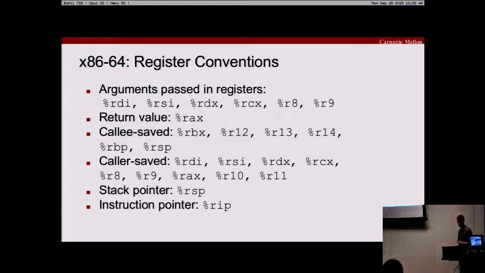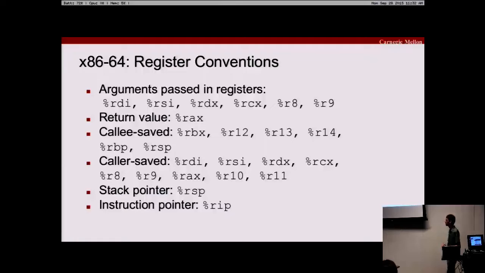So if you remember from before, there were some conventions about registers. Hopefully you remember at least a little bit of this from the bomb lab. It was relevant. You've got these 16 registers in x86-64, and some of them have special meaning.